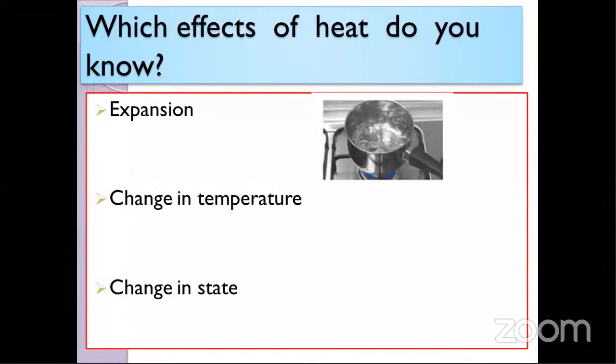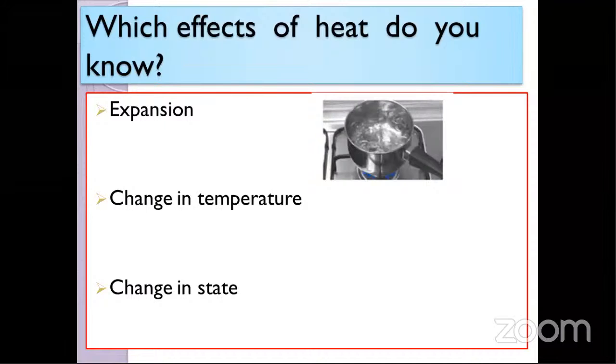In the expansion, there is a boiling water picture, so when heat is provided to the substance, the molecules absorb the energy and the water will be boiling, and expansion of a liquid or a substance takes place.